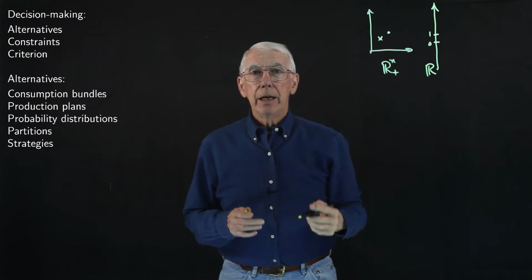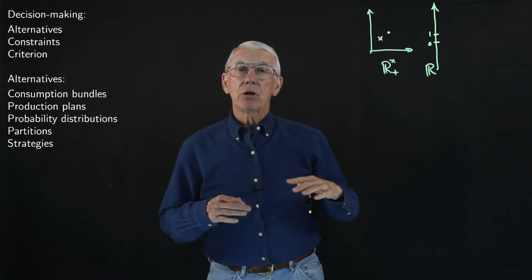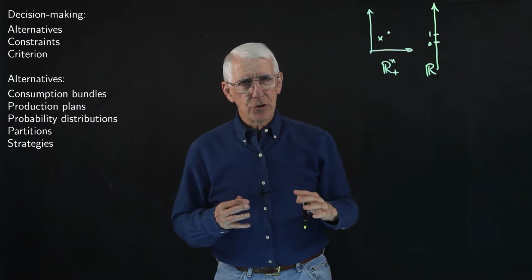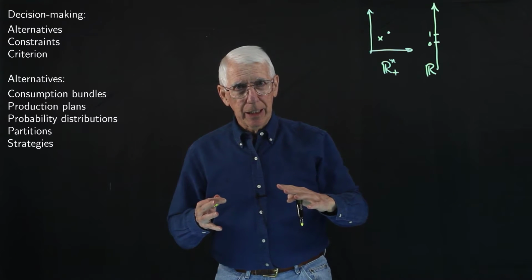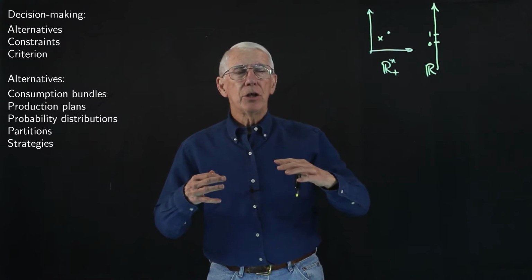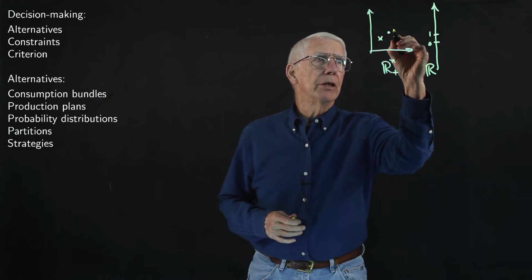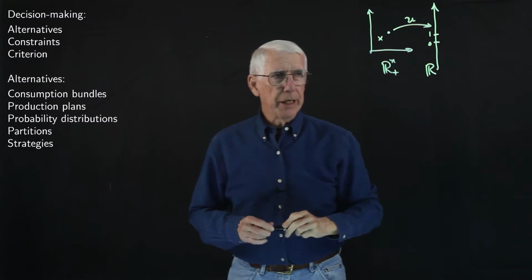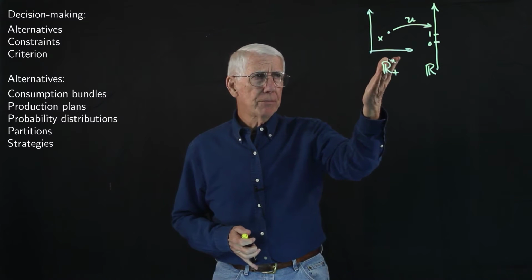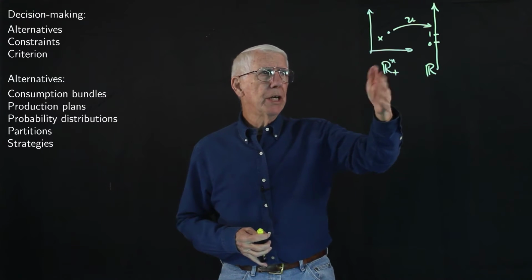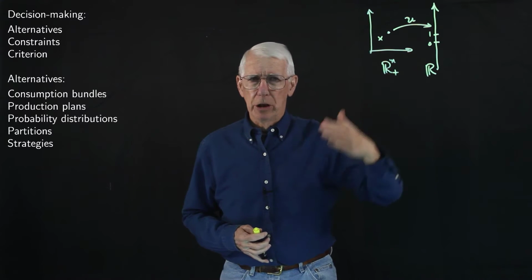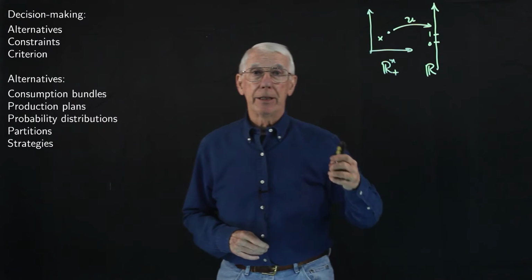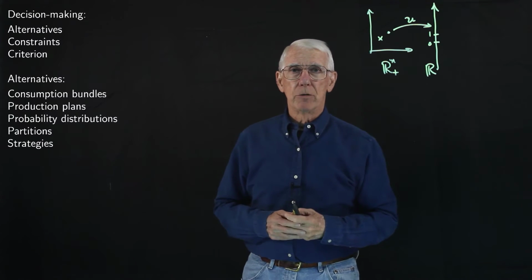And we typically use as a criterion, that is, we model the decision maker, the consumer, as using the criterion that's a utility function. So we have a utility function that maps from the set of alternatives, alternative consumption bundles, into real numbers, into the real line. And so that's the criterion that is sort of standard for the consumer problem.